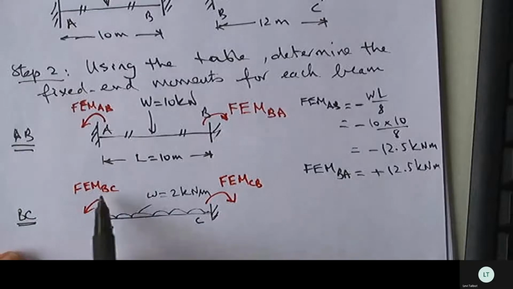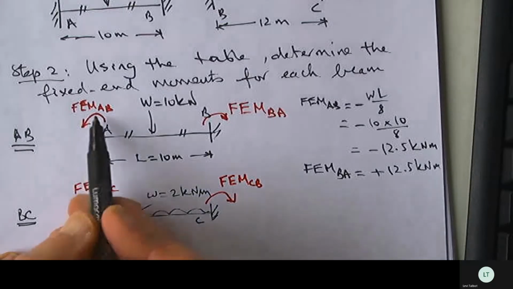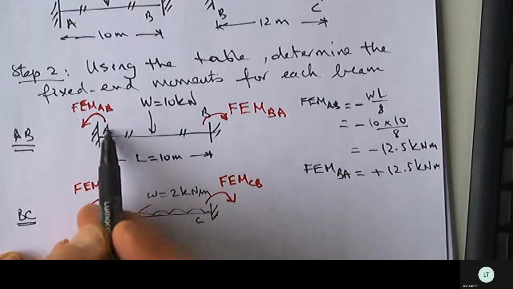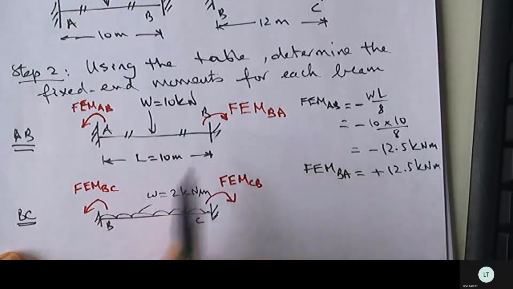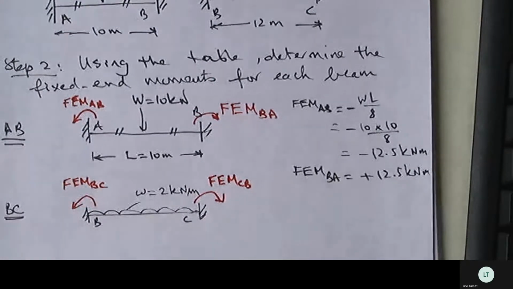The first subscript always refers to the joint itself. Can you see that? So here we have FEM AB, it refers to joint A. FEM BA refers to joint B, etc. Is that clear? So now we use the equation.